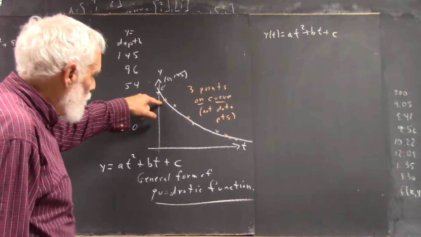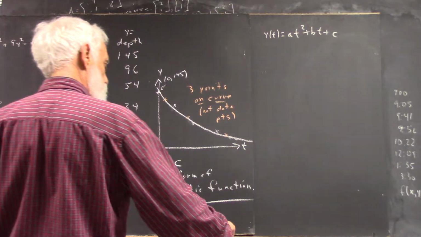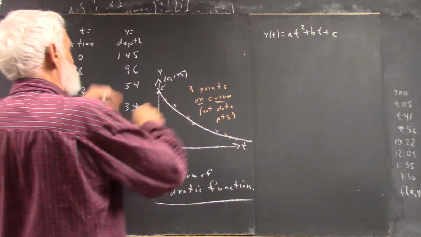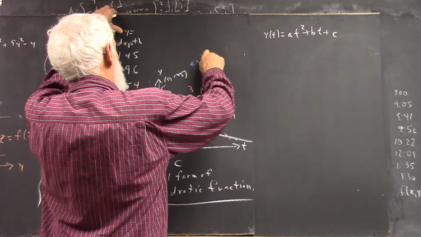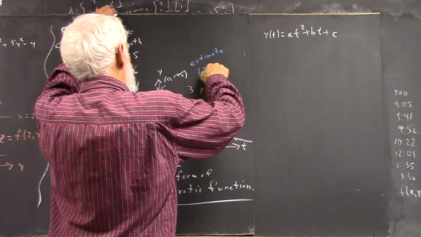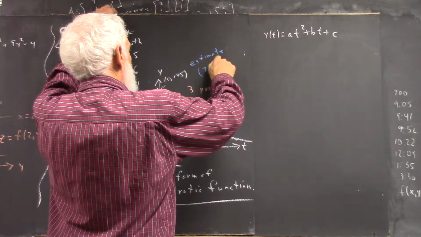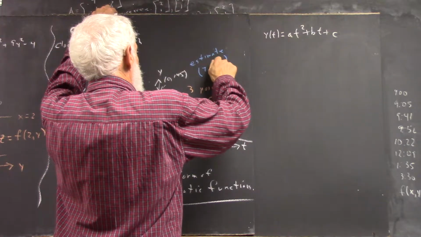Now let's say the coordinates of this point are 7, 121. Well, let's say 120. Easier to square.